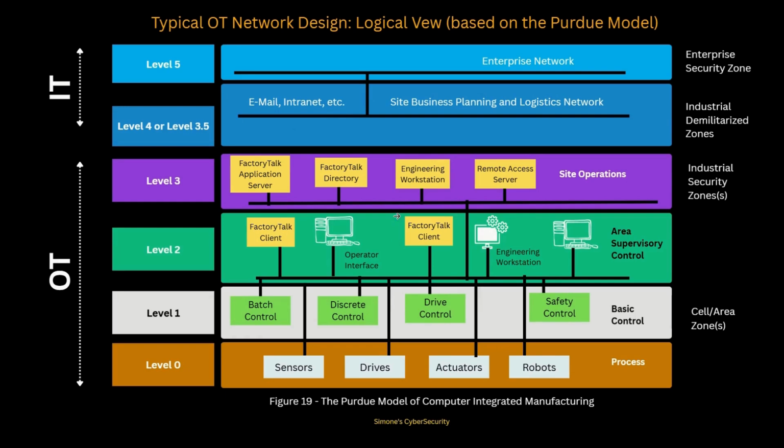It not only shows you these control layers again, but it also introduces something very important: the security zones that separate the IT and the OT environments. These zones help us define where IT ends and where OT begins.